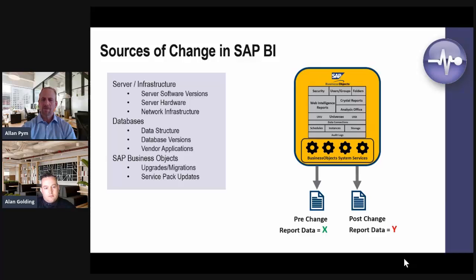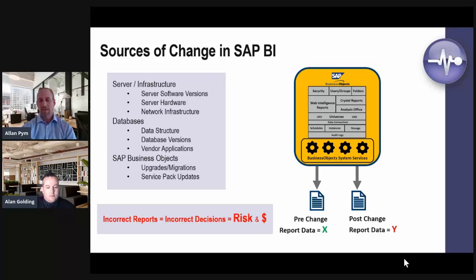So when we have the challenge of pre and post changes producing different results, decisions are being impacted based on those different reports. Incorrect reports lead to incorrect decisions, and that leads to risk and financial impact.